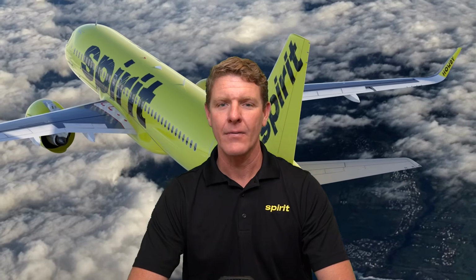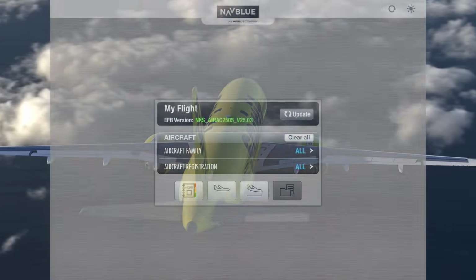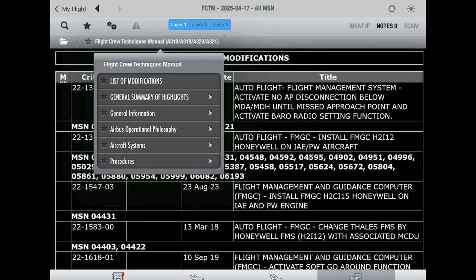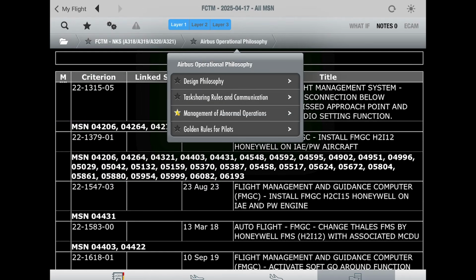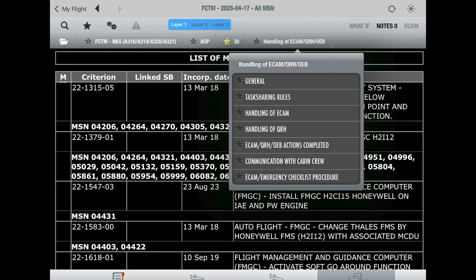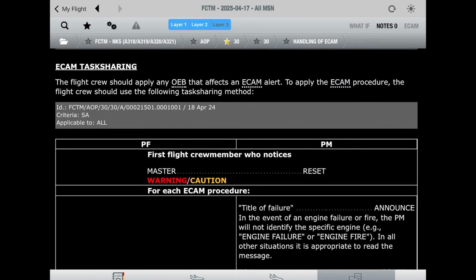We recommend that during the upcoming ECAM demonstrations, you follow along on your EFB step by step to reinforce your knowledge of handling of OEBs, ECAM, and EQRH. To do this, open the OLB, select FCTM, Airbus Operating Philosophy, Management of Abnormal Operations, Handling of ECAM, QRH, OEB, Handling of ECAM, and scroll down to ECAM Task Sharing.